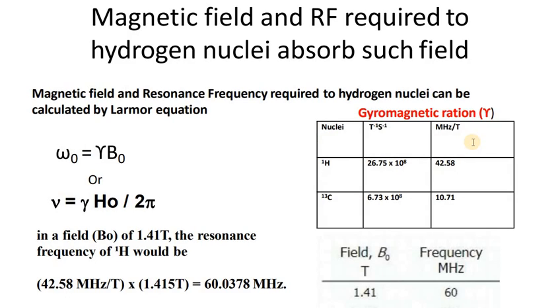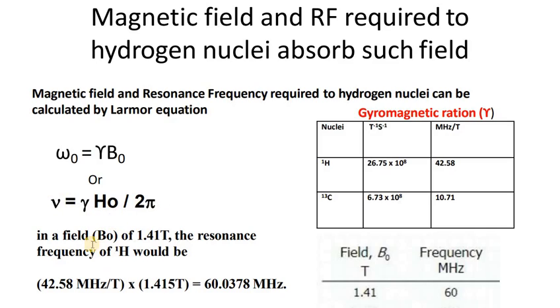For any nuclei, what is the magnetic field required and radio frequency required to absorb? For hydrogen nuclei, we have a general calculation by the Larmor equation, that is omega naught is equal to gamma B naught, or we can say nu is equal to gamma B naught over 2 pi.